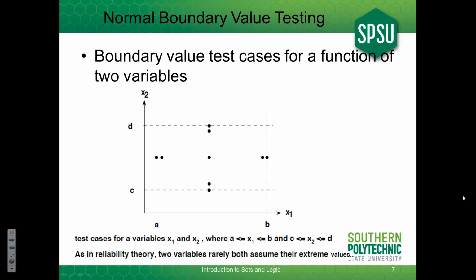You do the same thing the other way around, because you want to change just one of them, not both. So for the other one, you take x1 at its nominal value and change the values of x2. So for x2, again, you're going to have x2 max, x2 max minus, x2 nominal value, min plus, and min. What's the total number of test cases?